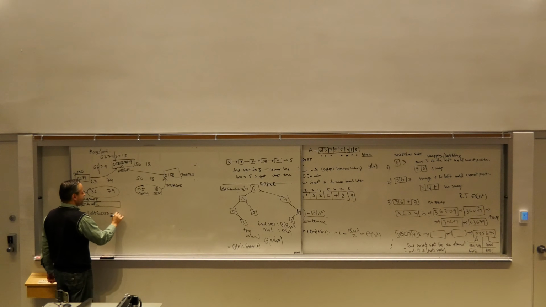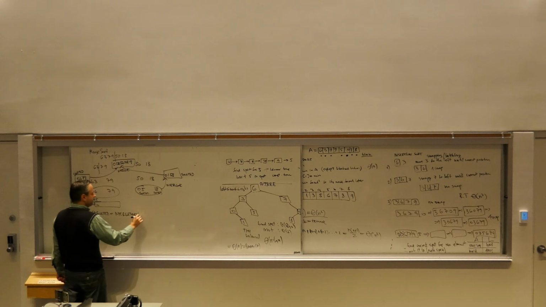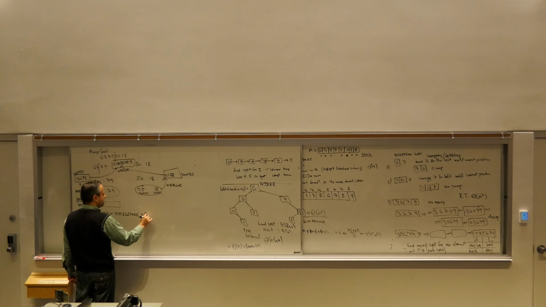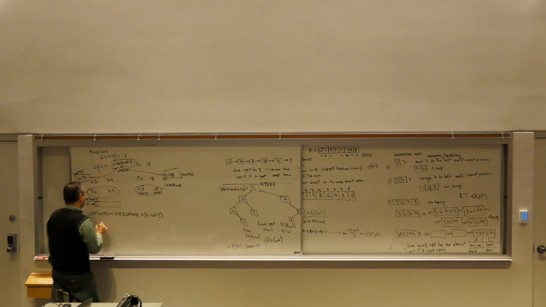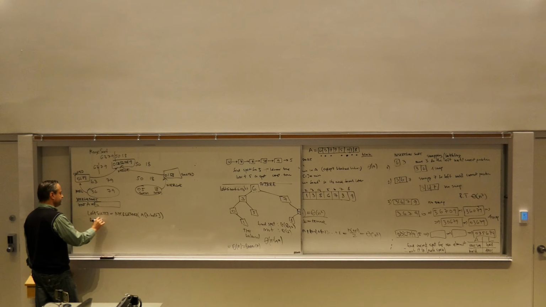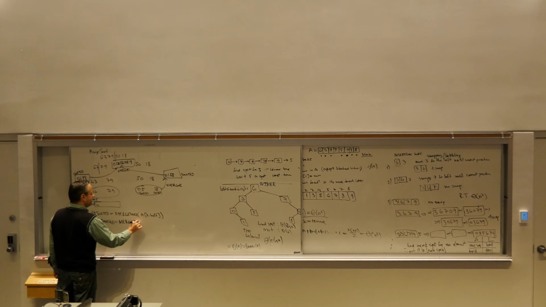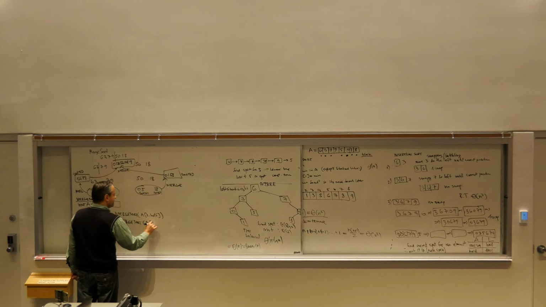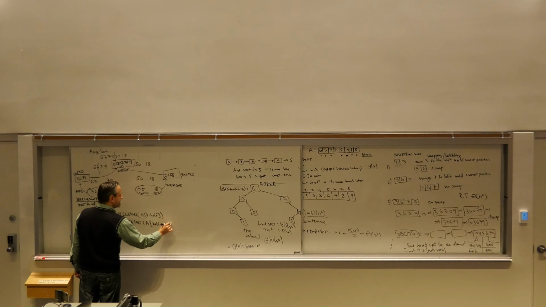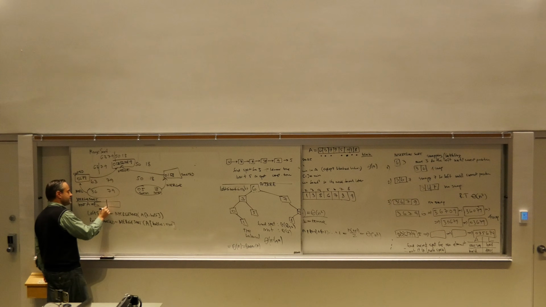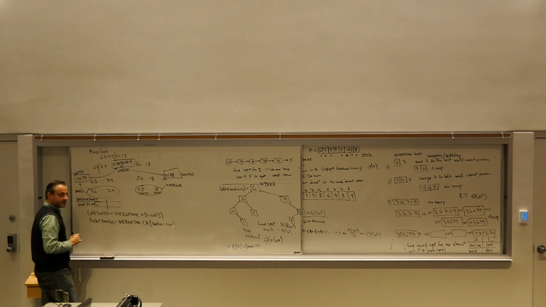I'm going to call merge sort on the left side, A from 1 to half, and the right sorted, I'm going to call merge sort, which is a recursive call, from half, maybe plus 1, to the end. So this is one side of the array, that's the other side of the array.